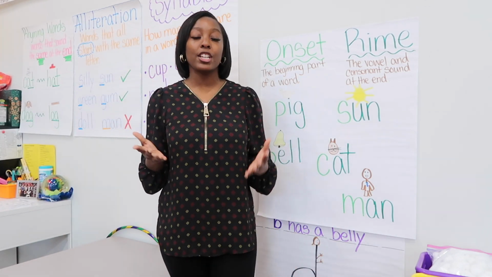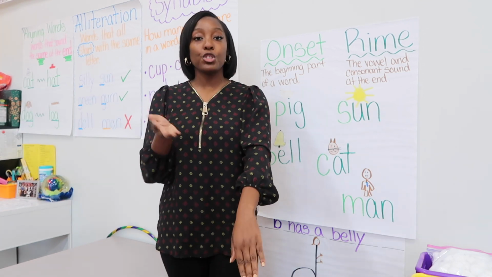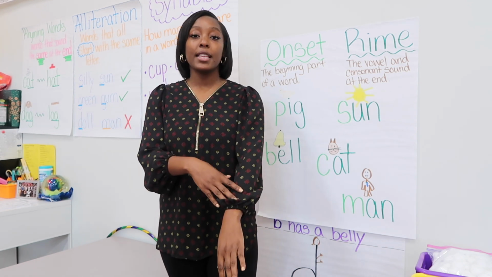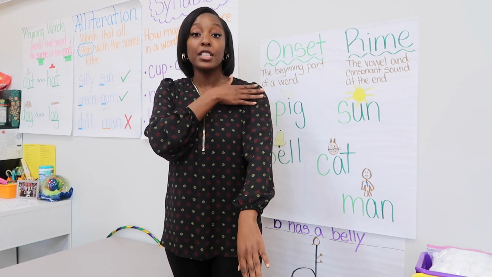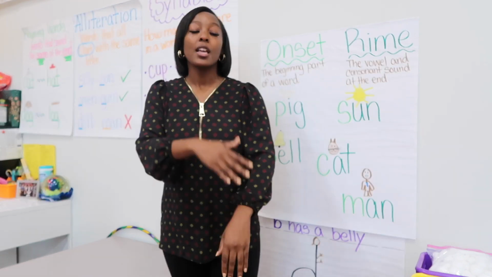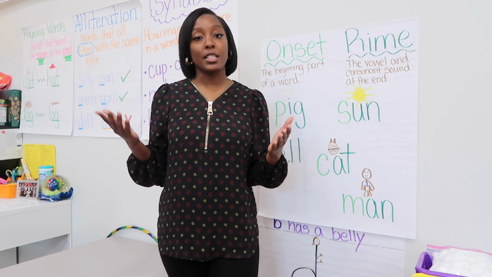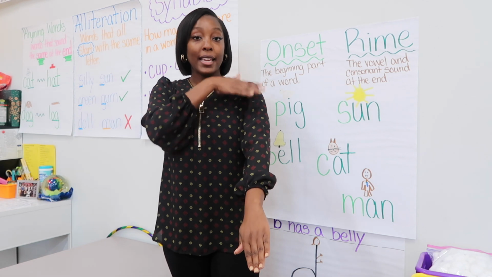The last strategy I taught them was using the arms, which I'm pretty sure some of you have seen. I've used the arm method for breaking down, blending, and segmenting CVC words, all 3 parts. But I wanted to see what it would look like if I did it with onset rhymes. So I will go egg.